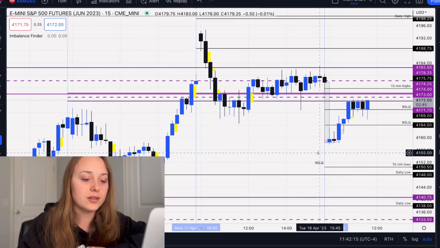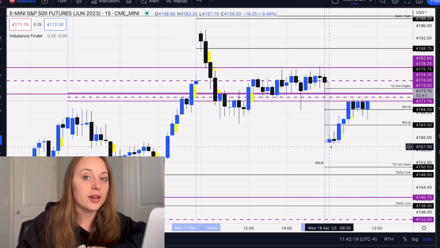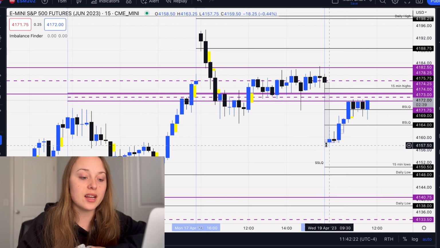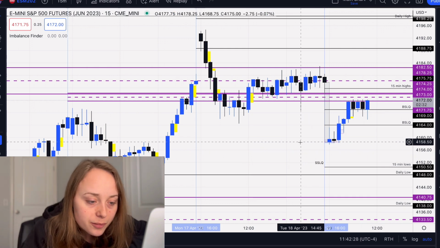So from close into the open at 9:30 a.m. Eastern Standard Time, which would be the bottom of this blue candle because that is the opening price.